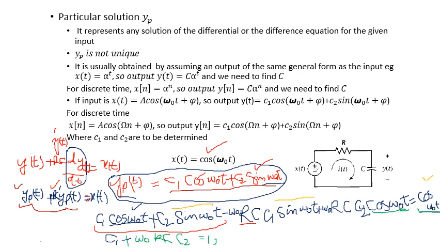If I write it like this, it will be c2 minus omega naught RC c1, and this is equal to 0. In this way we can find the values of c1 and c2. You understand, we have two unknowns, c1 and c2, and we have two equations, so we can solve it very easily. Let's do it on the next slide.